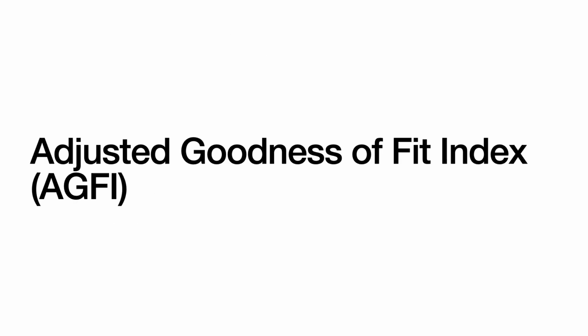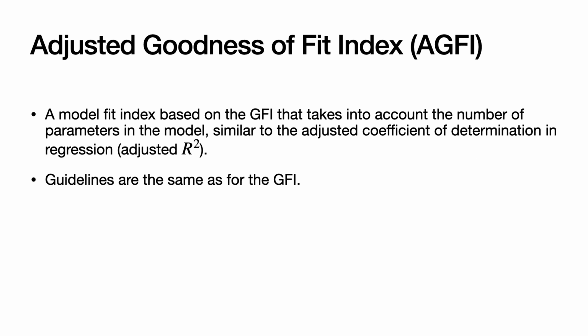Next, let's look at the Adjusted Goodness of Fit Index, or the AGFI. The Adjusted Goodness of Fit Index is a model fit index that is based on the GFI that takes into account the number of parameters in the model, similar to the way that the adjusted coefficient of determination, the adjusted R-squared, takes into account the number of variables in a regression model.